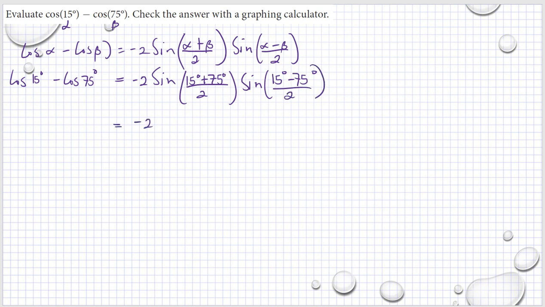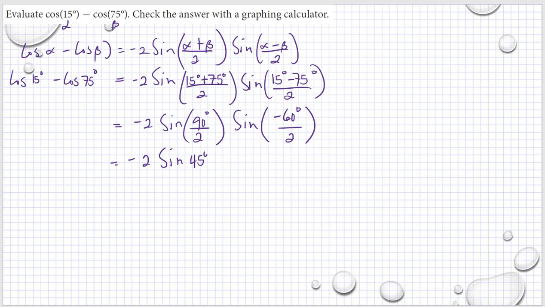Then we have negative 2 sine 90 degrees over 2, sine negative 60 degrees over 2. And then we have negative 2 sine 45 degrees sine negative 30 degrees.